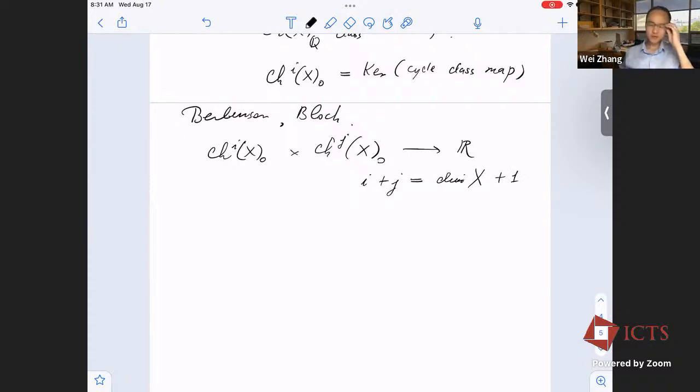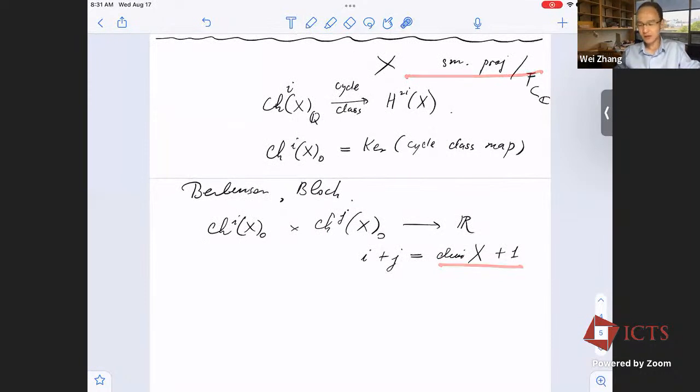So really what happens is you take some integral model, so that the total dimension of the integral model is the dimension of the generic fiber, this variety, plus 1. So in that case, you have two cycles in complementary dimension.